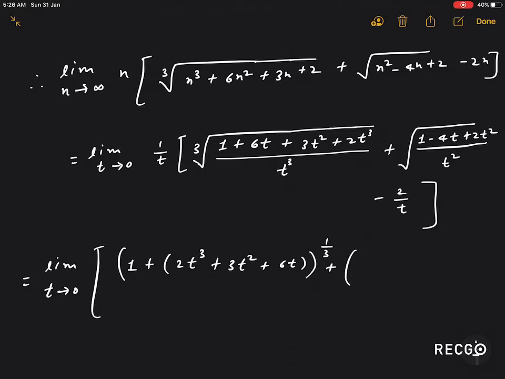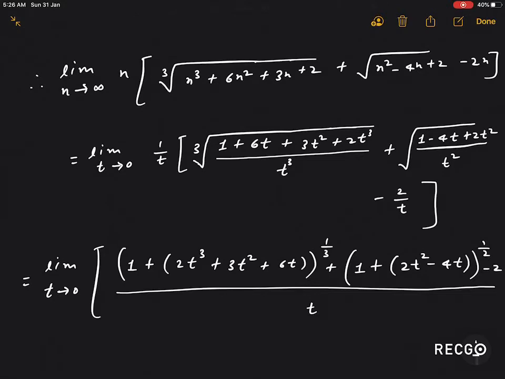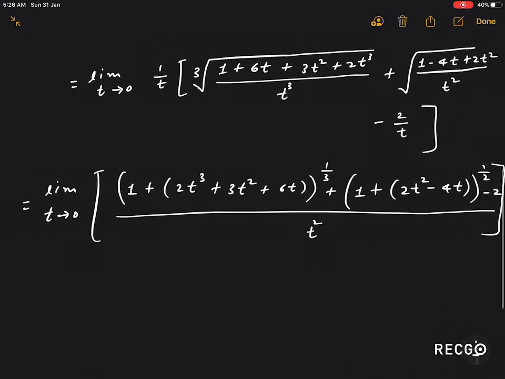And again the next term in exponent form: 1 plus 2t square minus 4t whole to the power 1 by 2, and then minus 2, as you can see the last term, and the whole divided by t square, because there is 1 by t in the coefficient, taking all together.